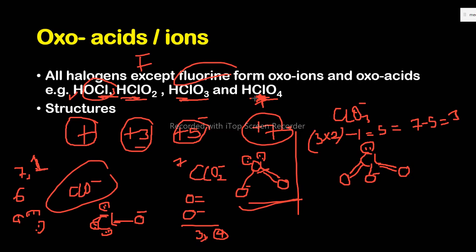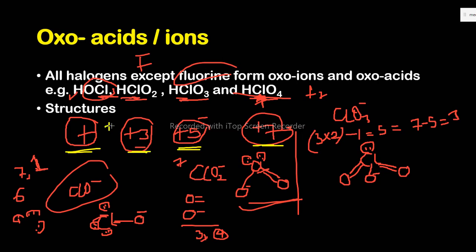Now this one, ClO4 minus, is in +7 oxidation state. If you are observant, you can see that the oxidation states of these oxo acids are odd: +1, +3, +5, and +7. You can't find any even number.